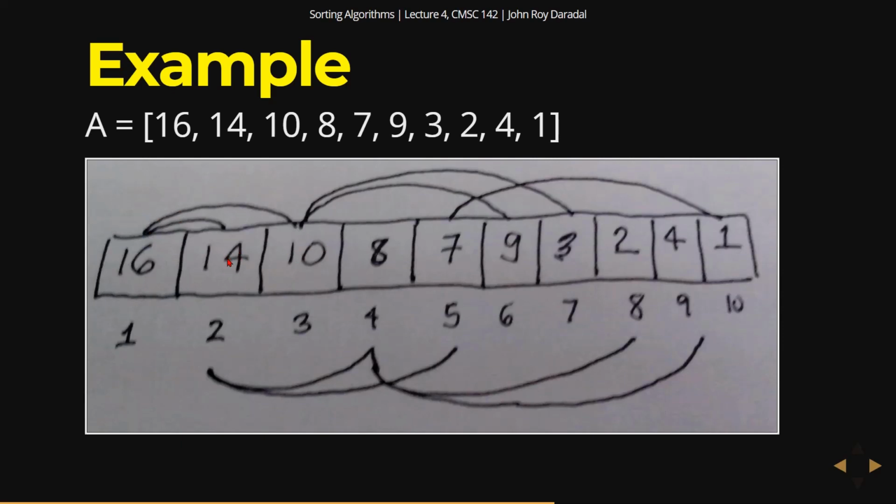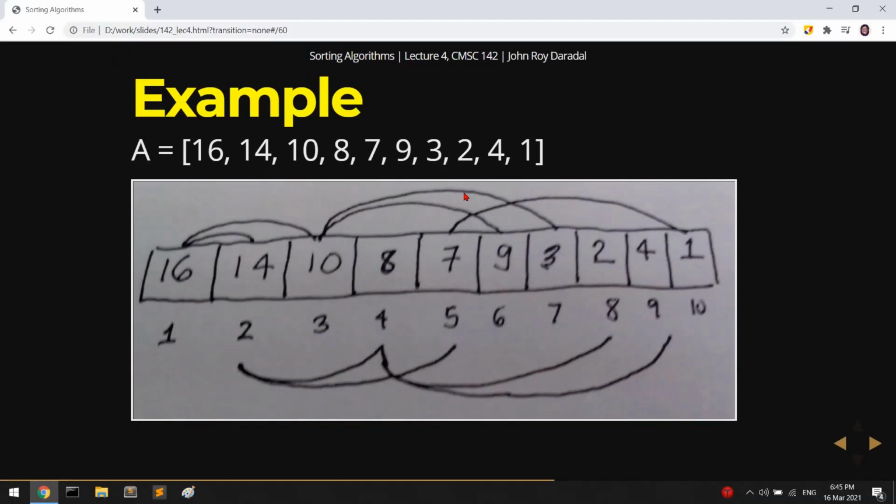Now, 14's children would be 2 times 2, at 4, so that's 8, and then 7. And then for 10, the left child is at index 3 times 2, so that's 6, so it's 9 and 3 here. Okay, so that would be how the heap is displayed in the array.